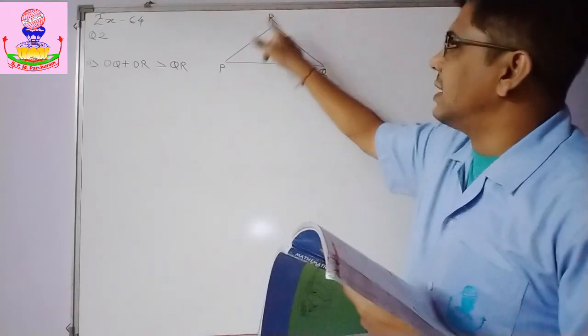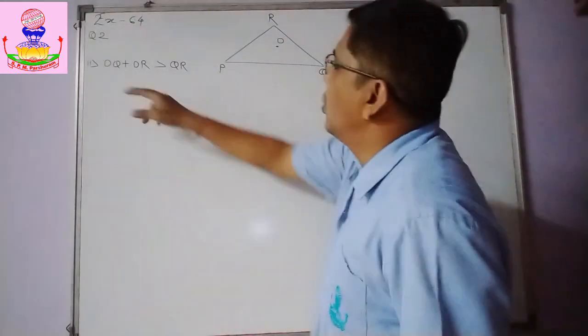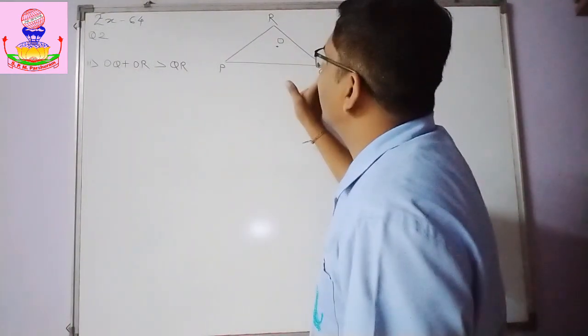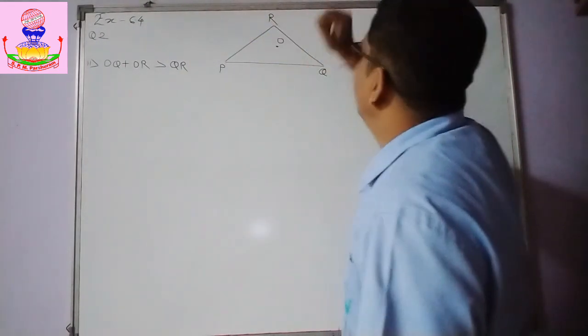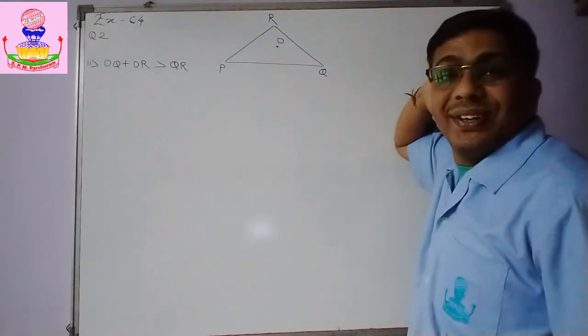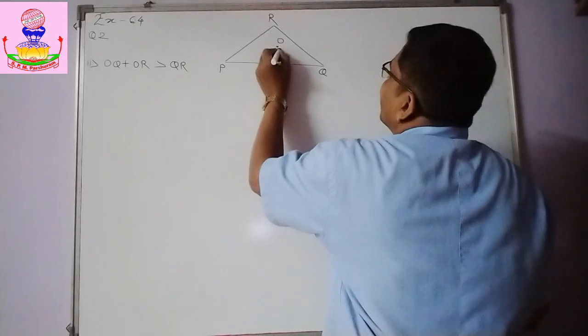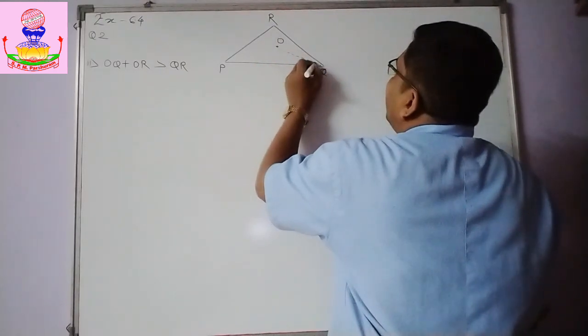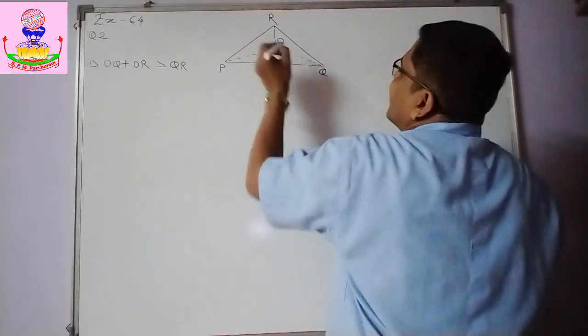O is in the interior of the triangle PQR. Now here what it is said, OQ plus OR should be greater than QR. So how to do that? For that I can do this construction in this way. Join this. You can join this also.